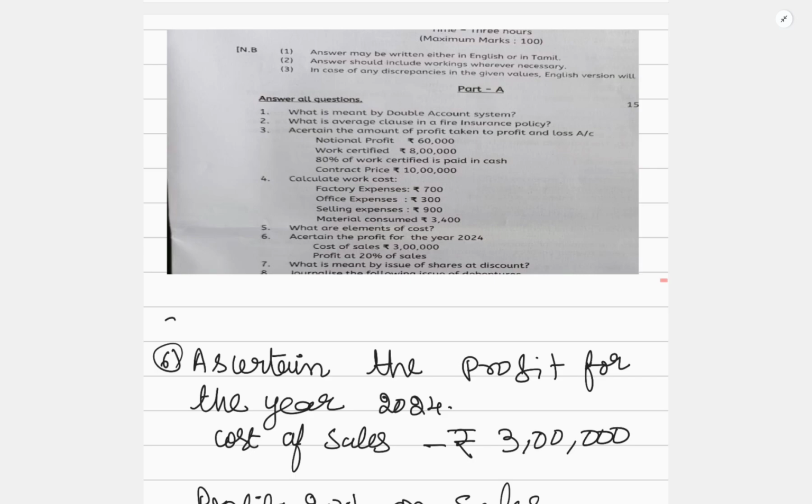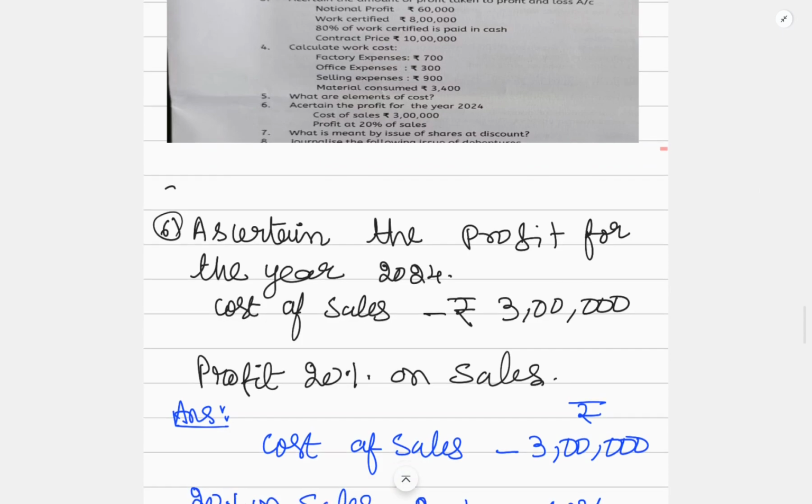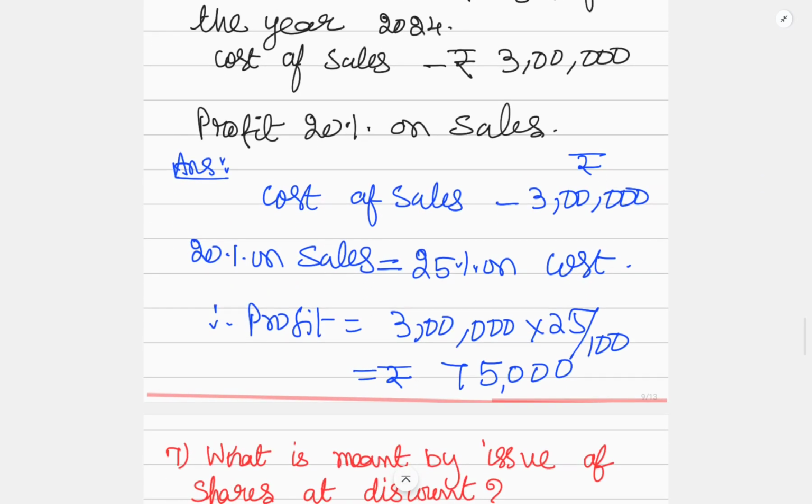Ascertain the profit for the year 2024, given cost of sales is rupees 3 lakh, profit at 20% of sales. Answer. Cost of sales is 3 lakhs. Here given profit is 20% of sales. Therefore, 20% on sales is equal to 25% on cost.